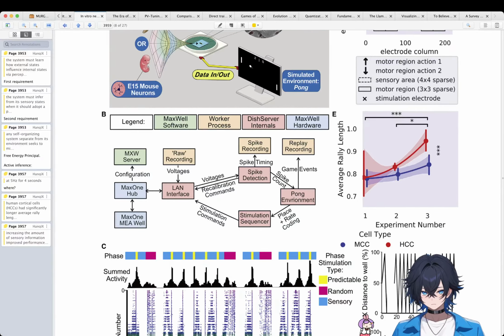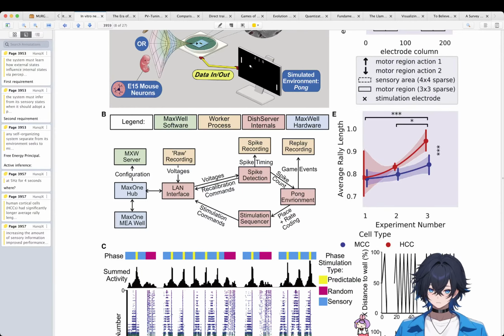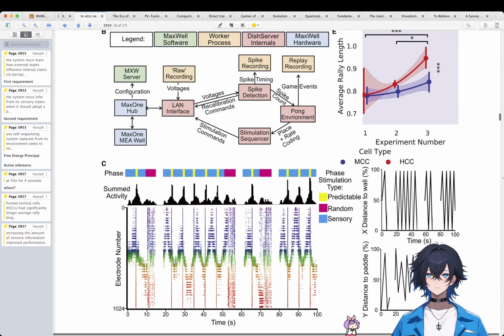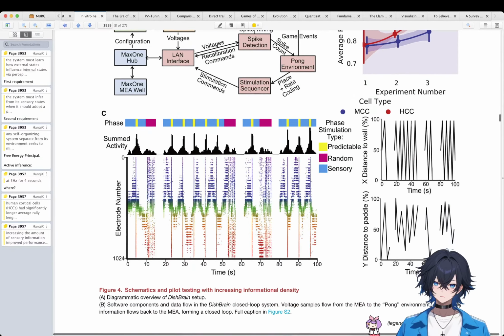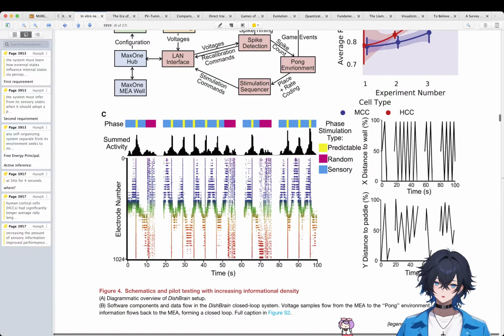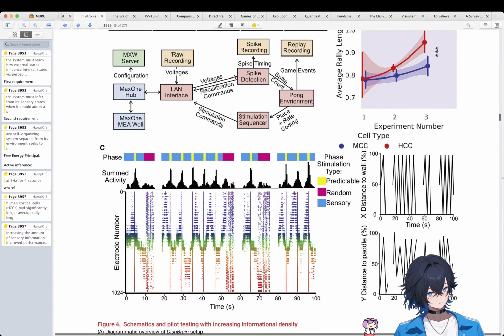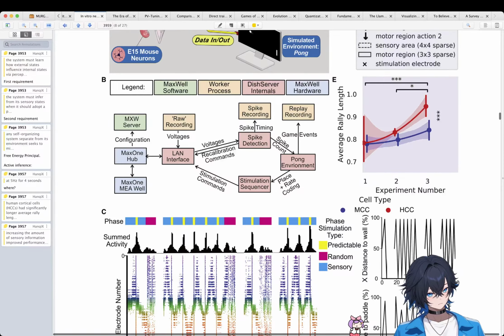What is this? Maxwell's alpha Walker process recording spec. Oh, this is like a systems diagram for the electrical interface. Okay. Average rally length. Human brain cell.